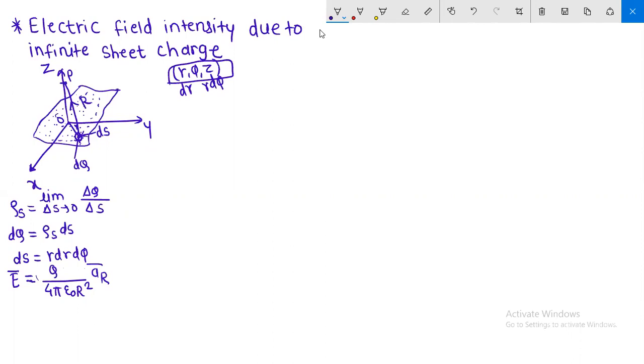Now if we are considering the differential for only this small surface, then dE bar is equal to dq upon 4 pi epsilon 0 r square into unit vector A bar r.